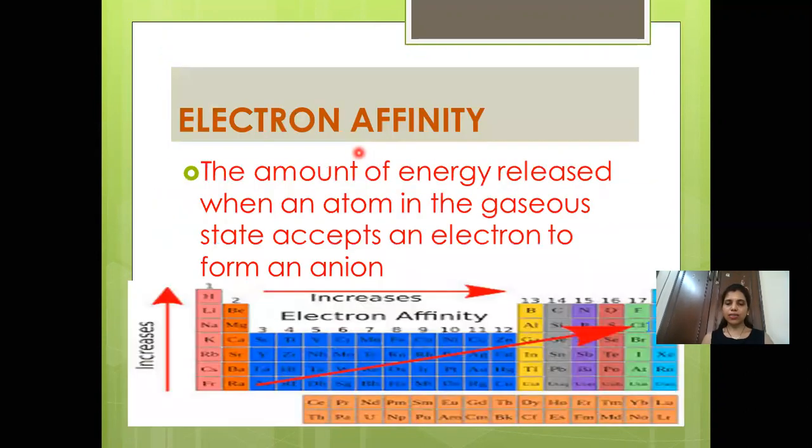Okay, so now as you can see over here, we are going to consider the second period. Now in second period, you will see that I am comparing alkali metal, that is lithium, with fluorine.